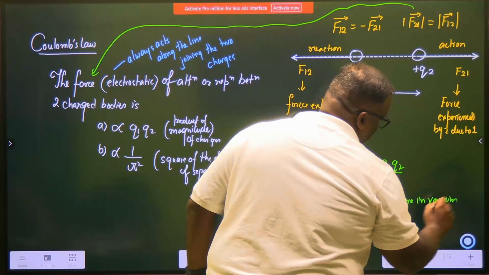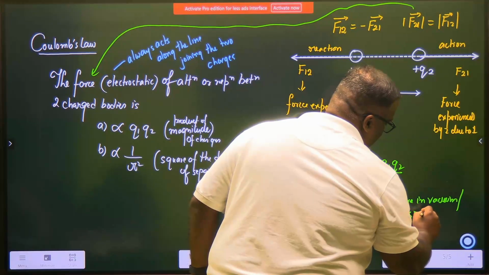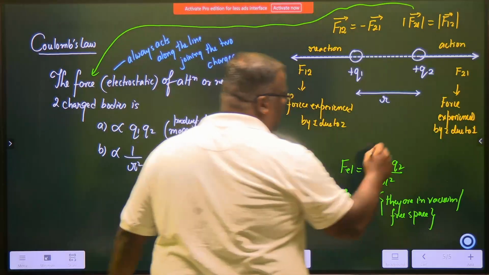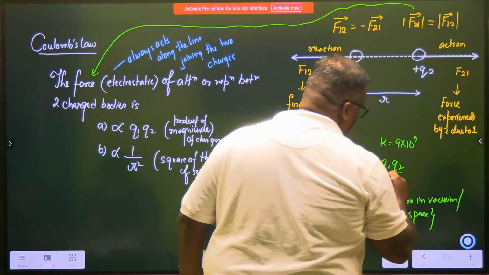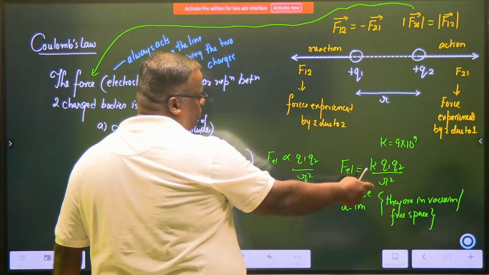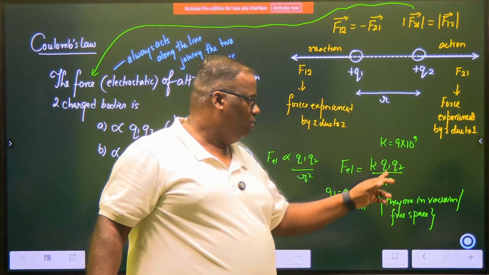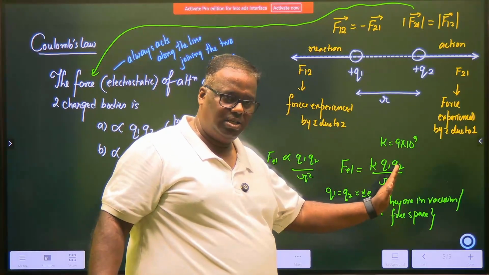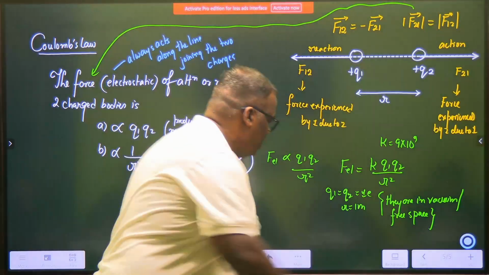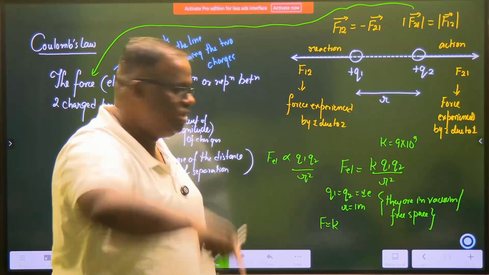This is very important. Vacuum, or we say they are in free space. There should not be any hindrance between them. Then the value of K is taken as 9 into 10 to the power 9. Now look at K. If Q1, Q2 and R are 1, they lose their existence. So F becomes equal to K. In this case, F becomes equal to K.